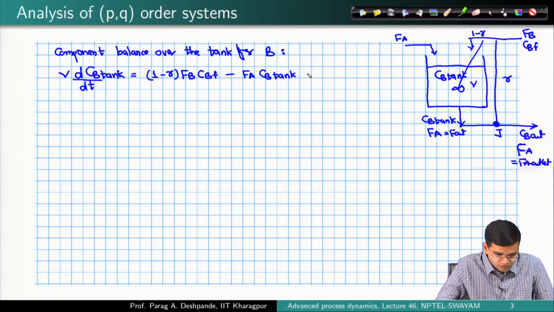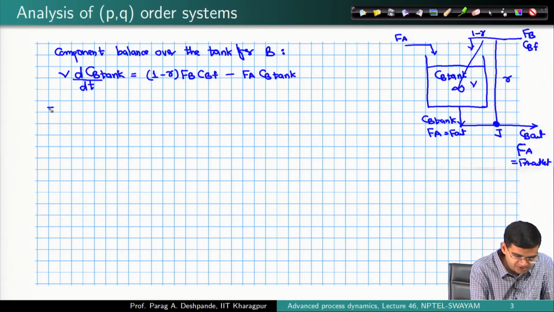Fine. So, what I see from here is that I have a dynamical equation in which my dynamical variable is C B tank, and if I have understood the method of doing a transfer function analysis, then I can rearrange this equation to a suitable form. So, let me do that rearrangement.